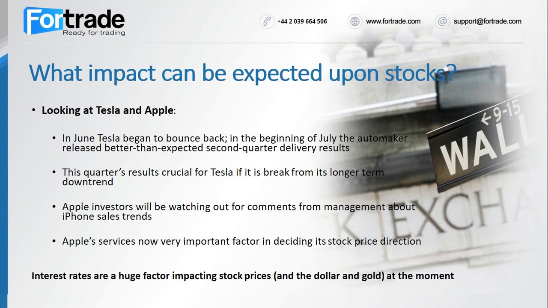The services segment is now the tech giant's second largest business, and its revenue is growing rapidly. This is the segment that Apple wants investors to focus on, rather than its declining iPhone sales. So any sign of a slowdown will likely push Apple stocks lower, while beyond expectations services growth might mean that Apple will continue climbing.